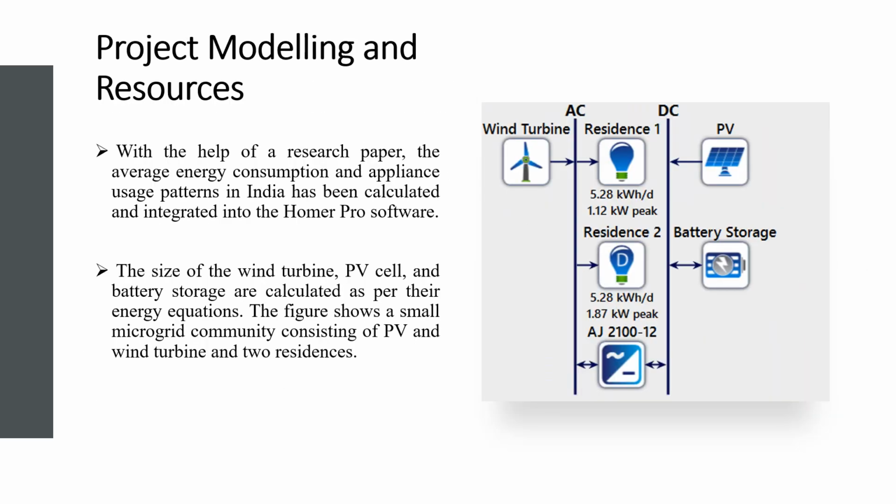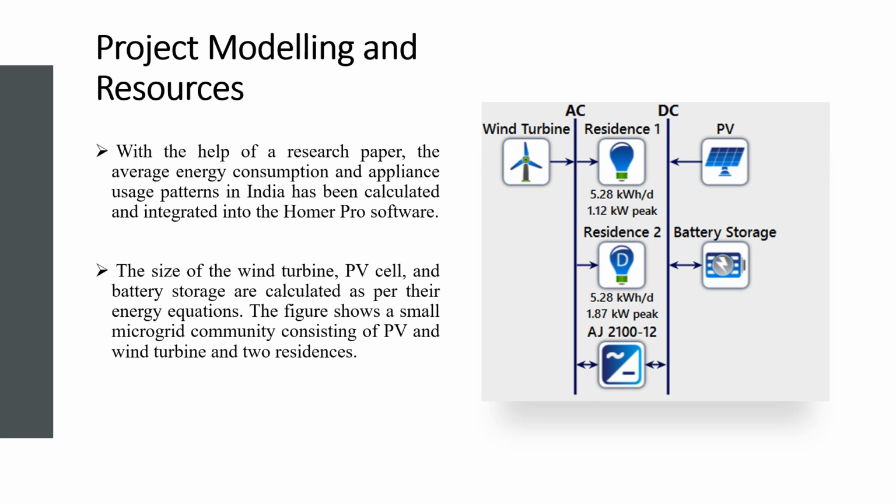In project modeling and resources, we took help from a research paper because we didn't have any live load data for this area and the household work. That's why we used a paper from Google Scholar.